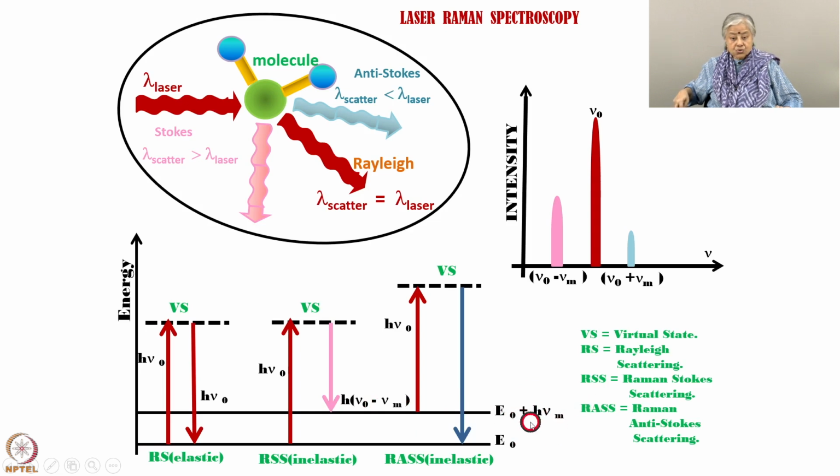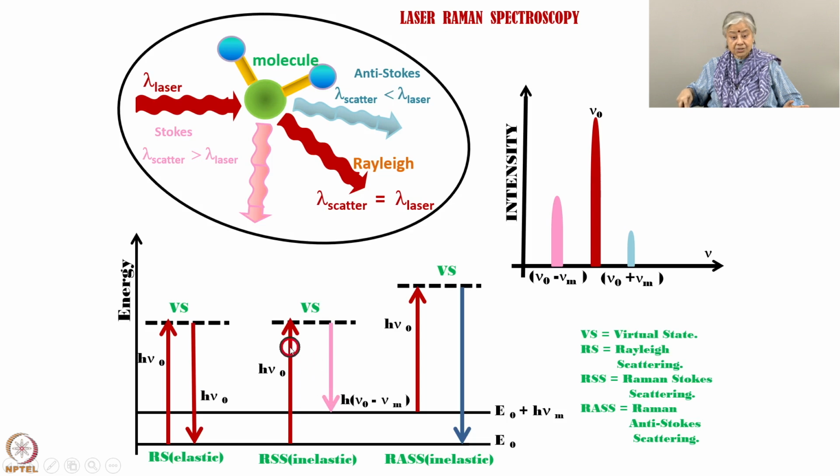Okay. So, the difference in energy here is h(nu 0 minus nu m), obviously between this virtual state and this state. Okay. And I have got this wavelength, I have detected it with a spectrometer, I have detected it with a CCD camera.